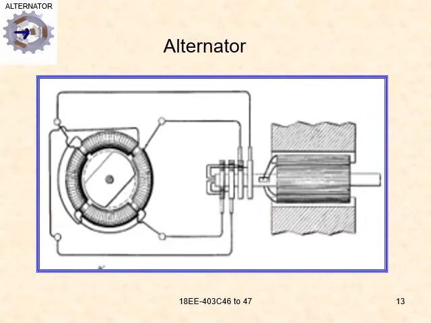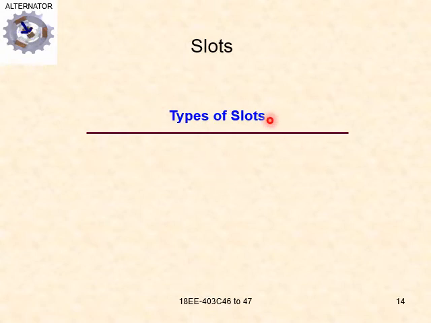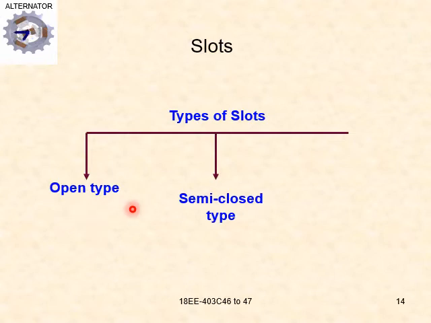Okay, moving on to the next. Slots. What are slots actually? And types of slots. We have open type of slots, semi-closed type of slots, and closed type of slots. Generally, a slot is defined as a house for windings.